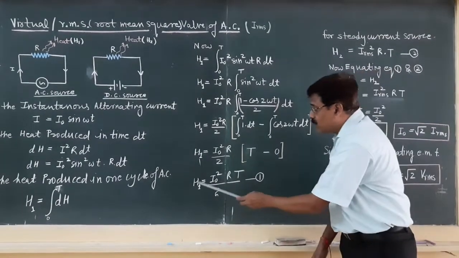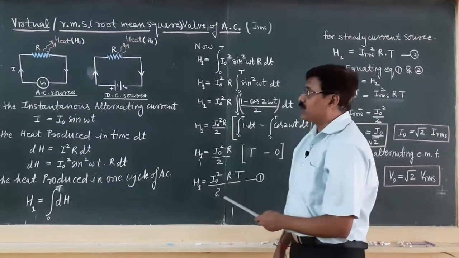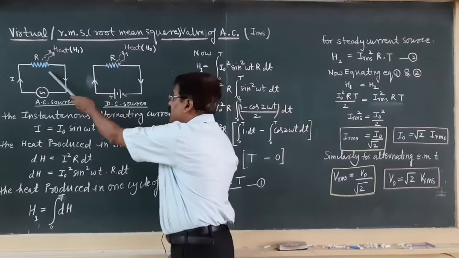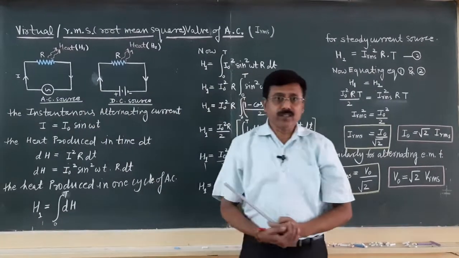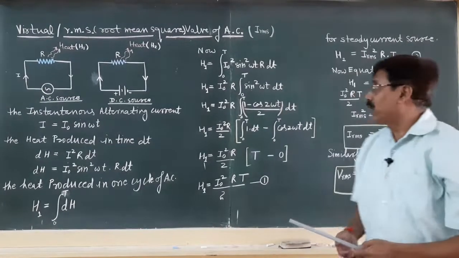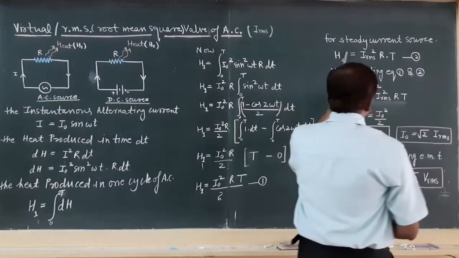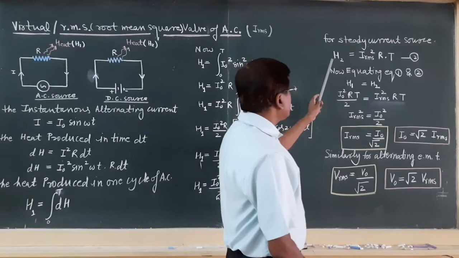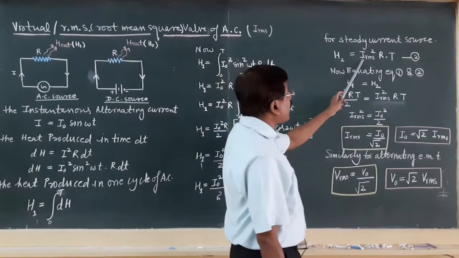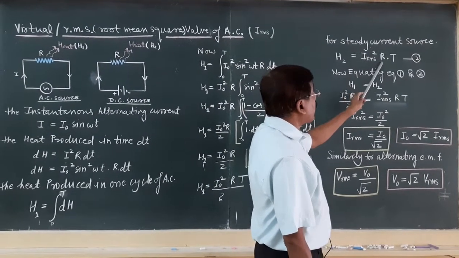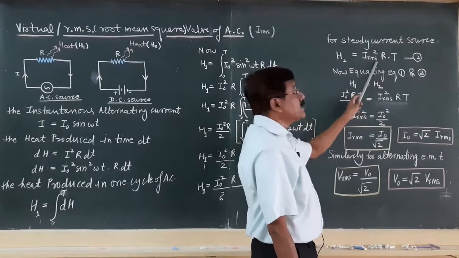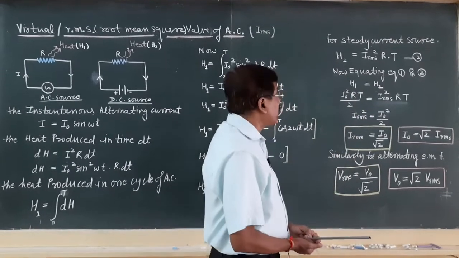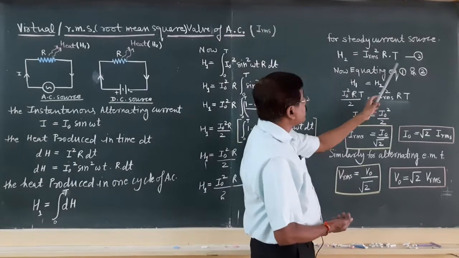This is equation 1, the heat production when the resistance R is connected across the AC source. Now, if you connect the same resistor across a DC source, then H2 is equal to I RMS square R T. I RMS is the root mean square value of current. This is equation 2.